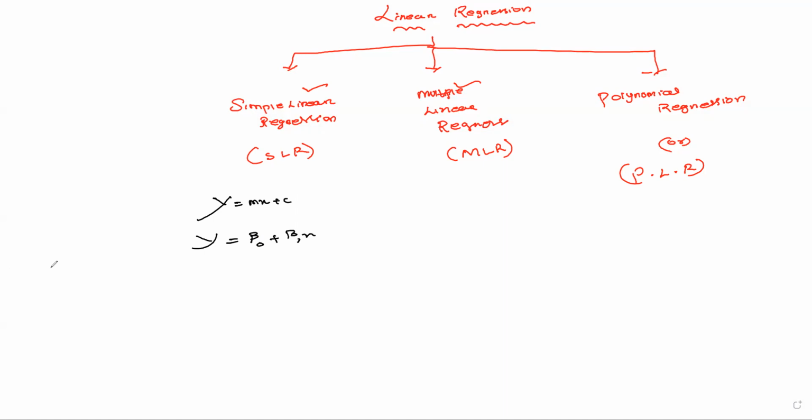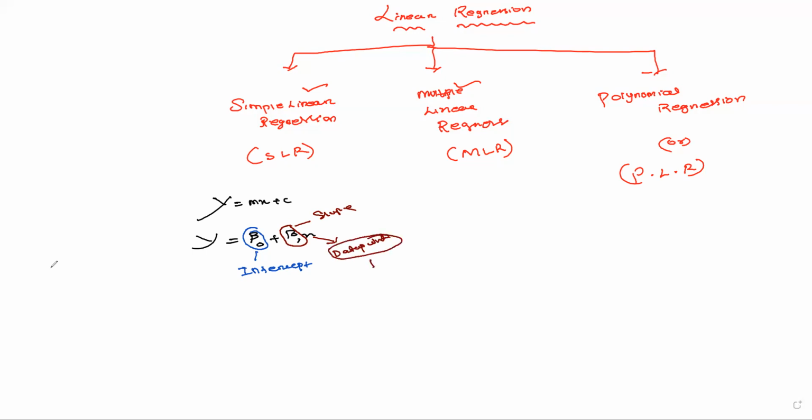Here, this part is the intercept part, and this part is the slope. And this x is the data point, or you can say the feature.